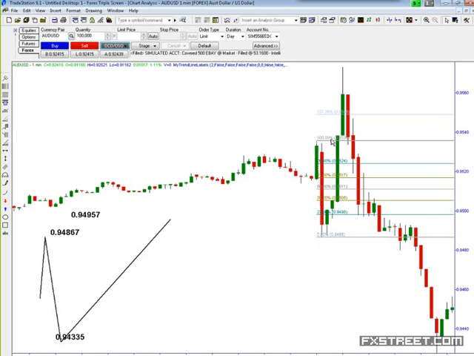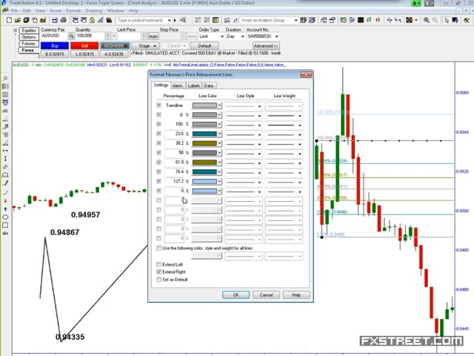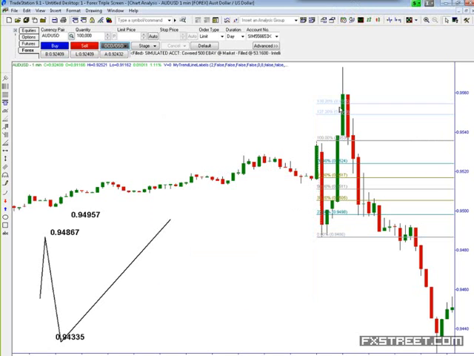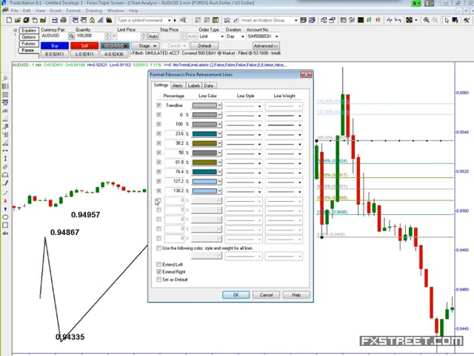I should have had these set as my default, I just don't. There's a 161.8. Oh, 138. Thank you, that's what it was. Yeah, 138.2, I guess it would be. There we go. And we're close to that, and then the 161.8 would be the next retracement.